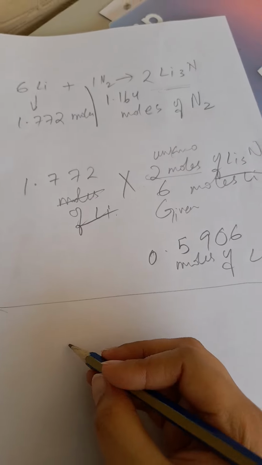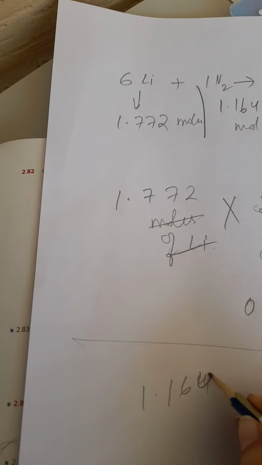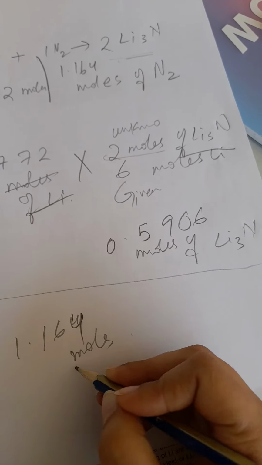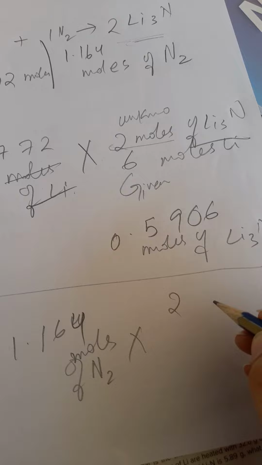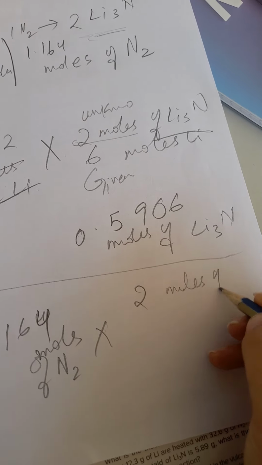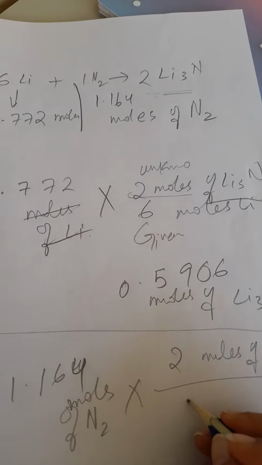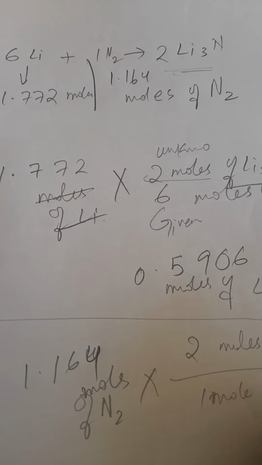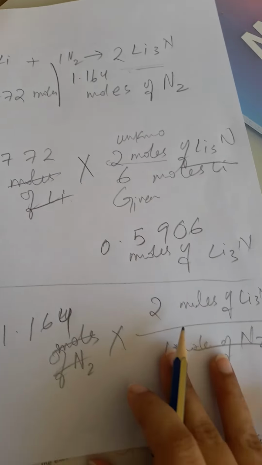Let's calculate for nitrogen. I had 1.164 moles of N2. Calculated moles unknown over given. Unknown is 2 moles of Li3N divided by 1 mole of N2. So mole of N2 cancels with mole of N2.